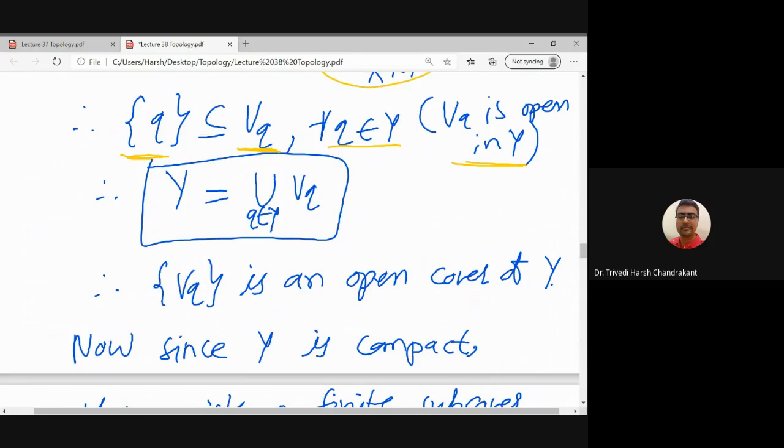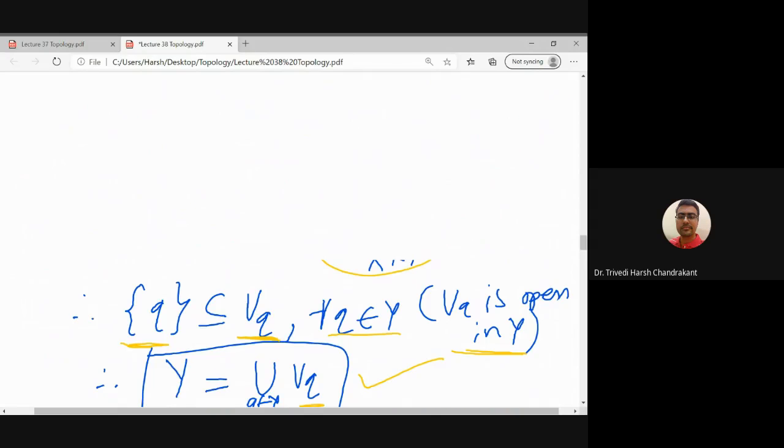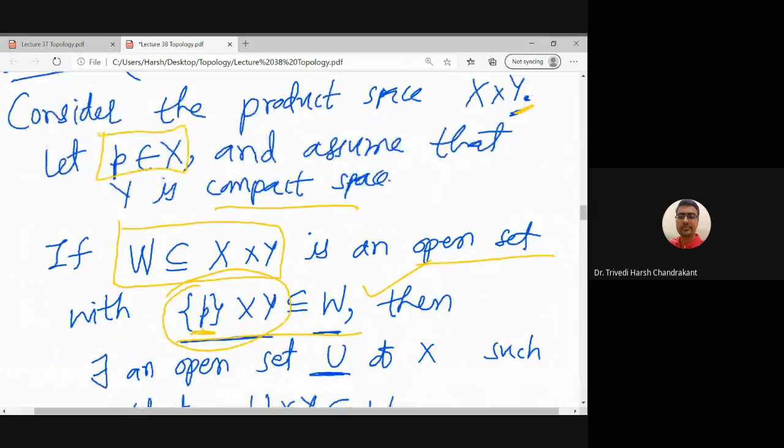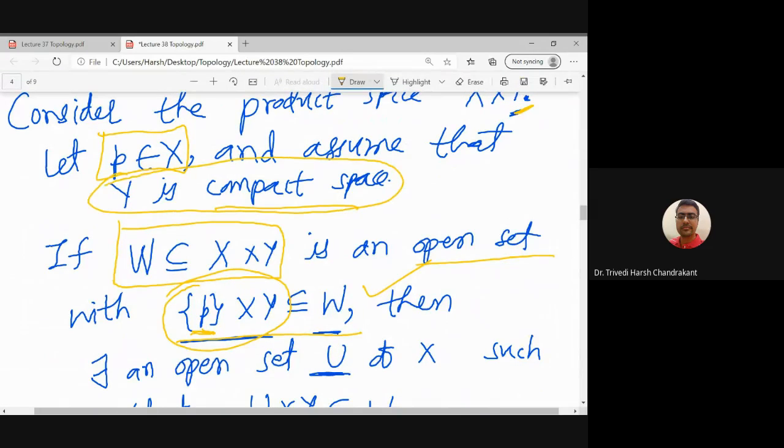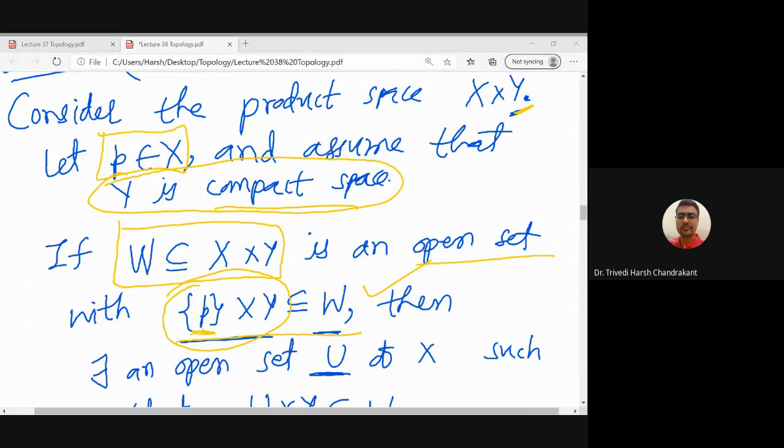Now I can take the union of singletons {q}, that is Y, and that is contained in the union of Vq over q belonging to Y. So what I got is an open cover of the topological space Y, and what is given in the hypothesis is that the topological space Y is a compact space. So by the definition of compact space, if I take any open cover of Y, then I will always get a finite subcover.